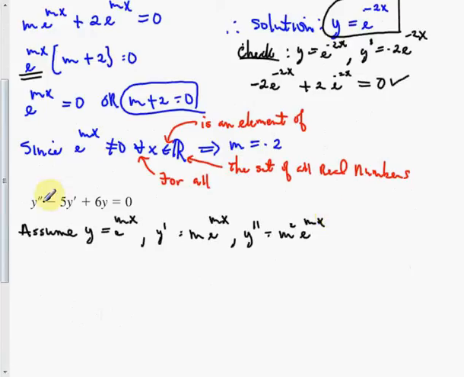So I replace y double prime with m squared times e to the mx. This is minus 5 times y prime. Y prime here is m times e to the mx, and plus 6 times e to the mx is equal to 0.